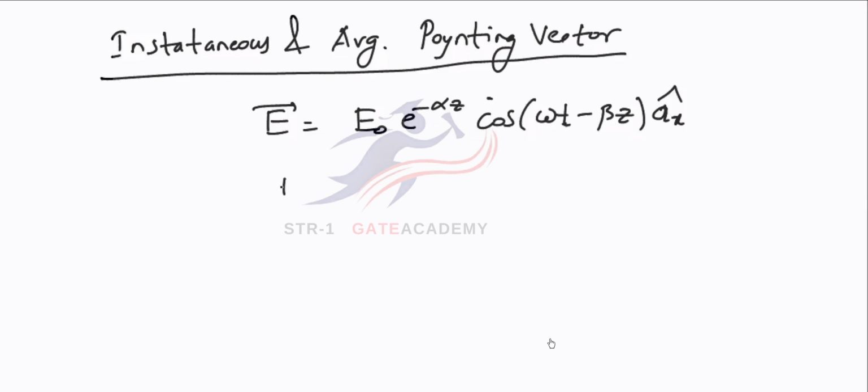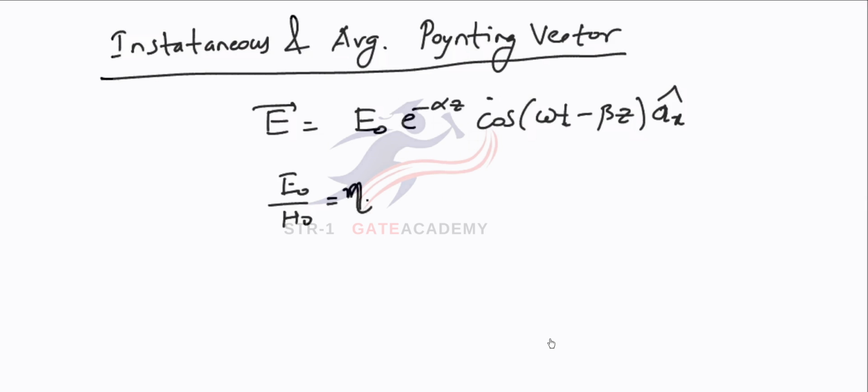Now we have seen that E naught by H naught is nothing but intrinsic impedance eta, and eta is in general a complex quantity. We have seen this. Eta is complex. For example, for a good conductor case, there was a phase difference of 45 degrees between the electric field and the magnetic field.